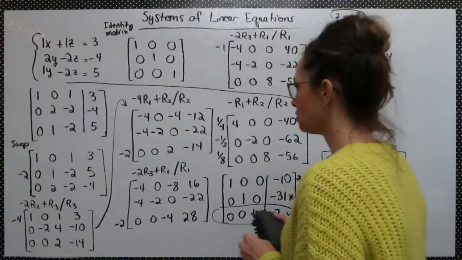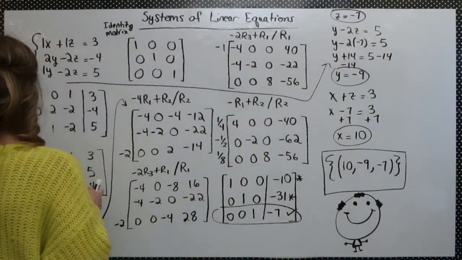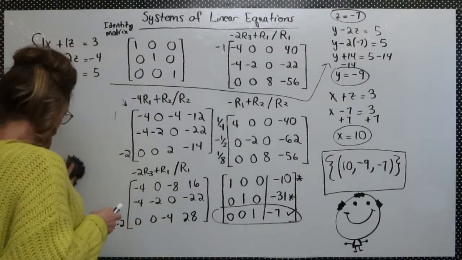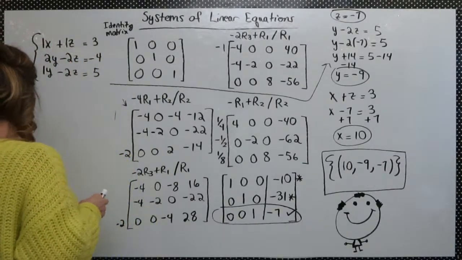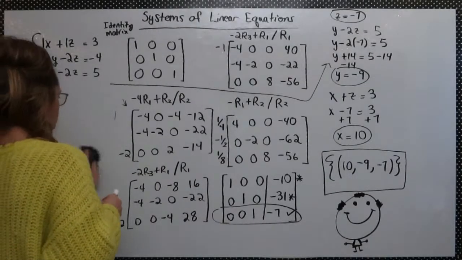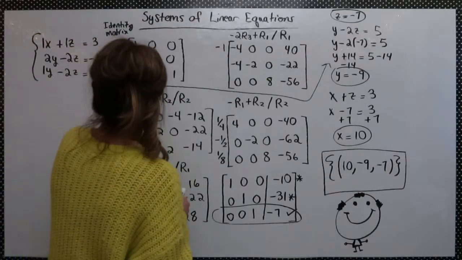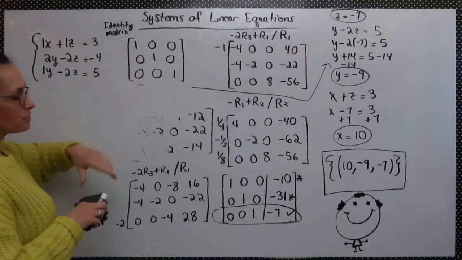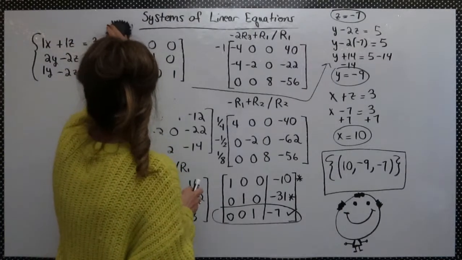So I am going to go ahead and erase everything except for the system. And we will reconstruct that augmented matrix using just the coefficients and the constants. And then we're going to recall this identity matrix, because that's what we're going to be using to solve it.